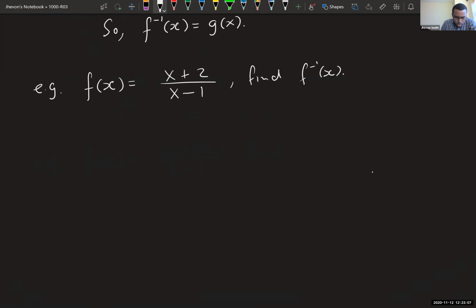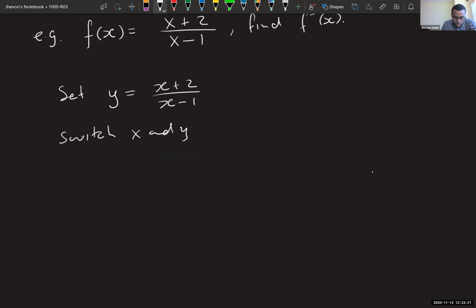So what you would do is set y equals x plus 2 over x minus 1. You would switch x and y. So now you'd have x is equal to y plus 2 over y minus 1. And now you try to solve for y.